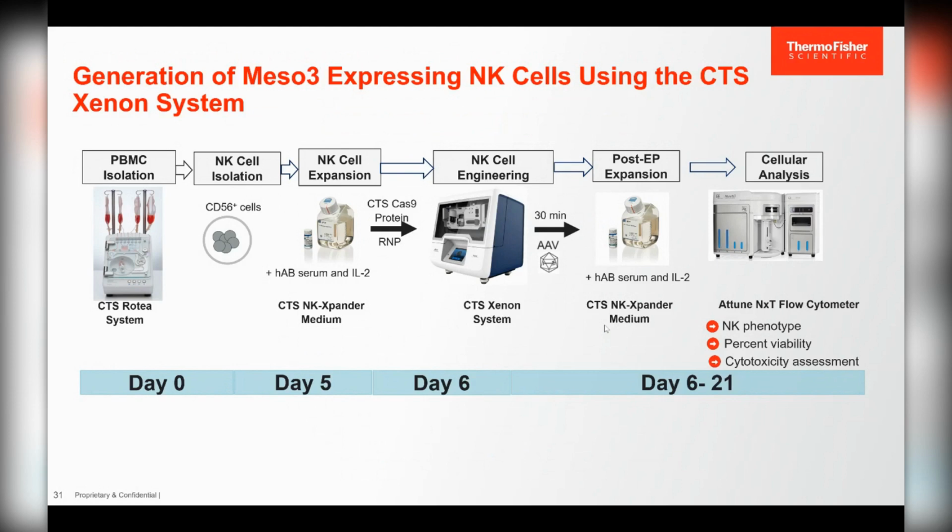So once we knock out, at the same region we're trying to knock in, and then after knocking in, the cell is expanded for 6 to 21 days, and over that time period we measure the NK phenotype, percentage viability of the cells, and at the endpoint we measure the cytotoxicity of CAR NK.